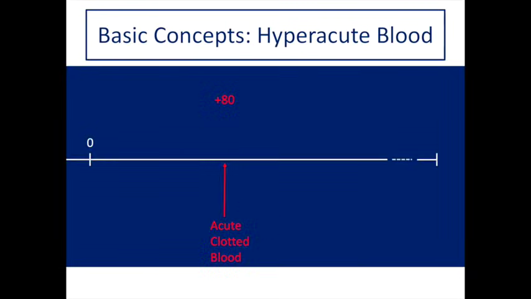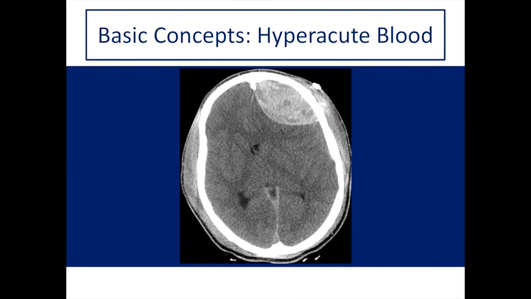The second concept to understand is the density of hyperacute blood. We know that acute clotted blood is dense, but before it has a chance to clot, it's going to have a lower density. This is an example of a patient with an epidural hematoma that is mainly high density, as you can see here.